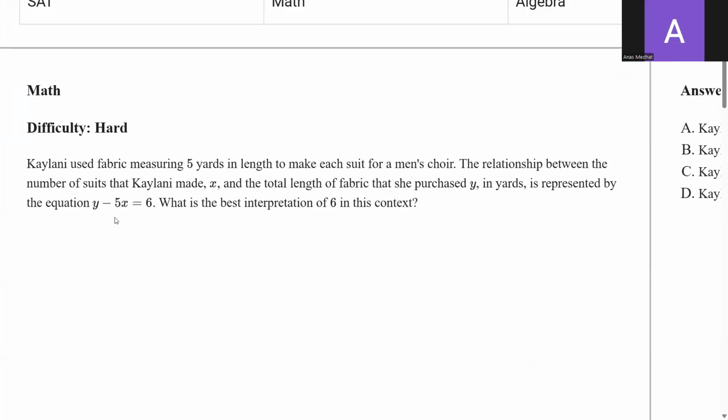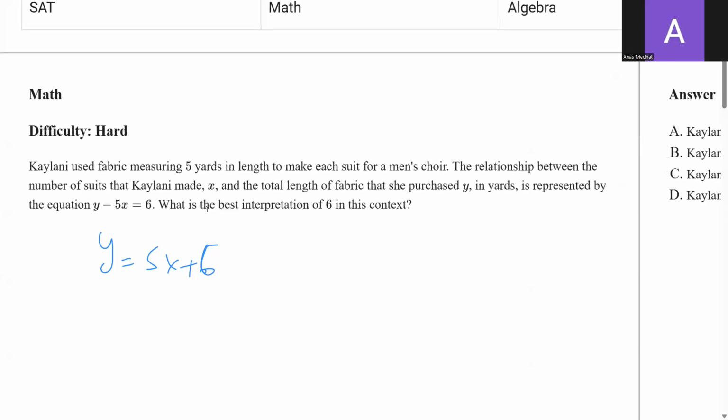So here, if we rearrange the formula, we will get 6 as the y-intercept. So it is the initial. The number of suits X and the total length of fabric in yards. Okay, this is the initial.